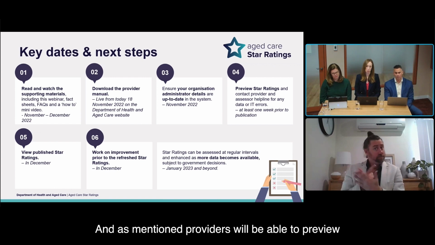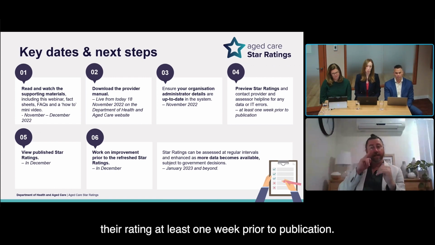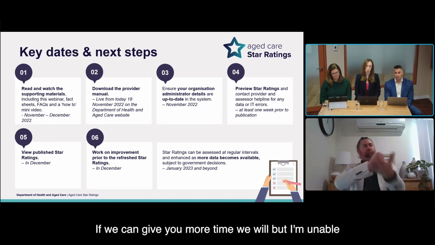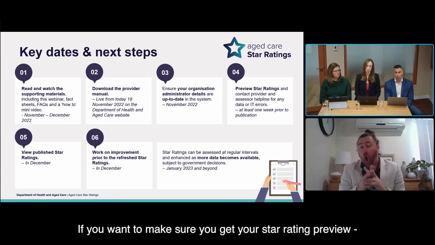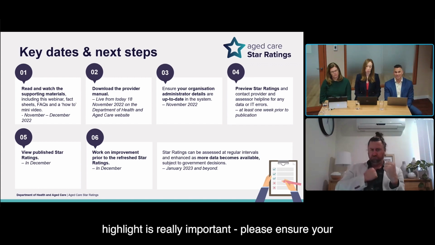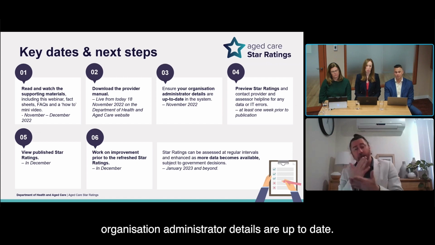And as mentioned, providers will be able to preview their ratings at least 1 week prior to publication. If we can give you more time, we will, but I'm unable to commit to that at this particular stage. If you want to make sure you get your star rating preview, and this is something that I'd really like to highlight, it's really important, please ensure your organisation administrator details are up to date.